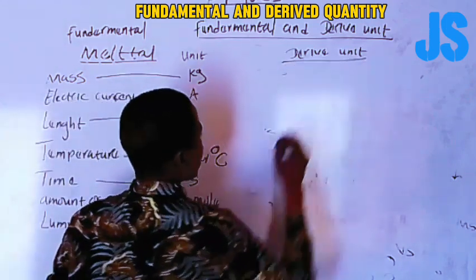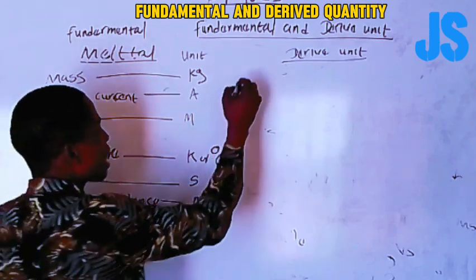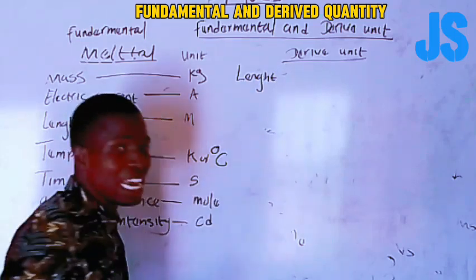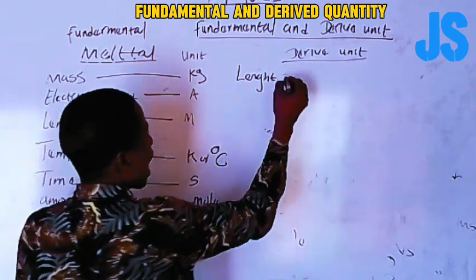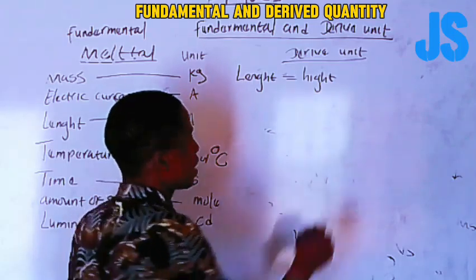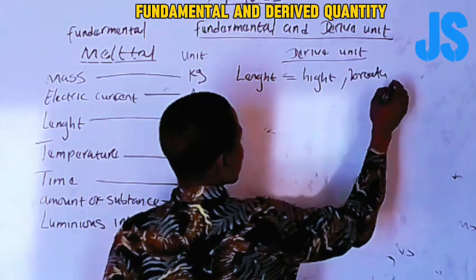In derived quantities, there is something you need to know. Anytime they give us length, it represents height, and it represents breadth.